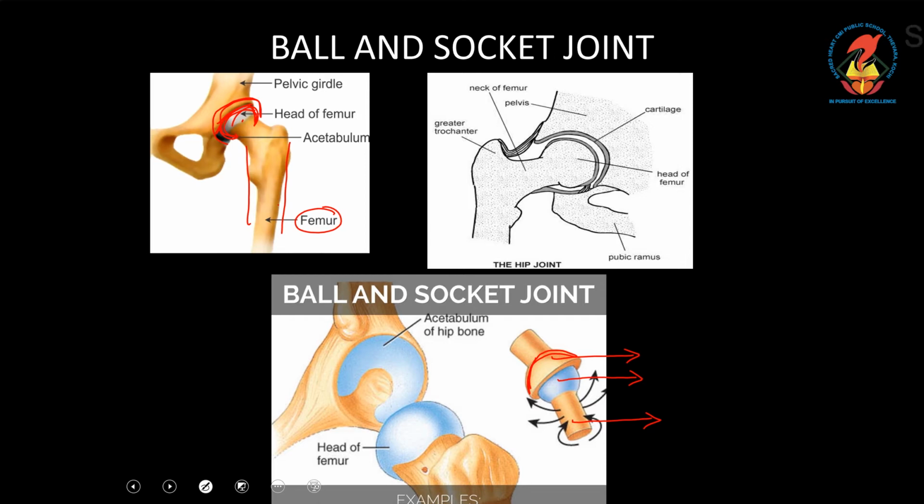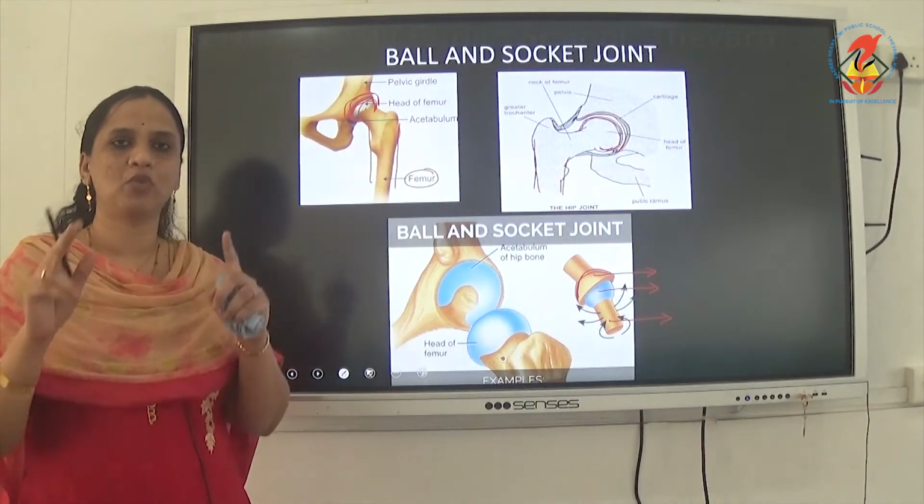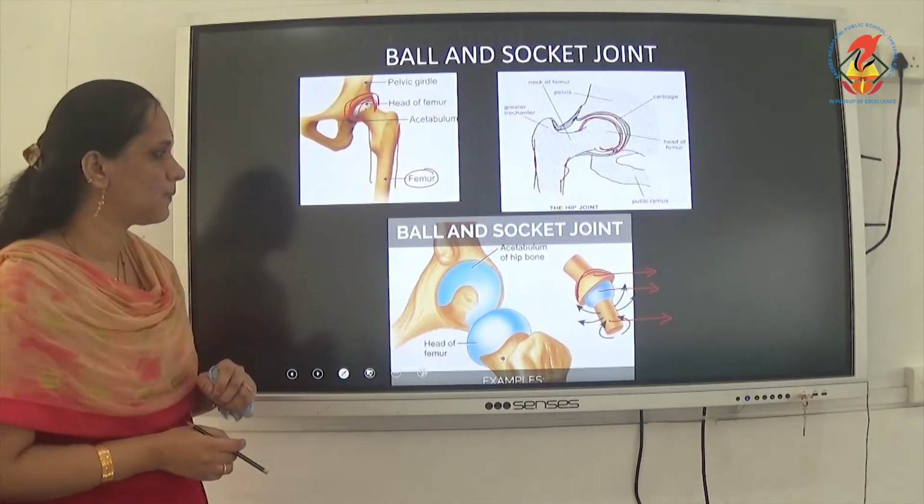This is your hip joint. You can see a bowl like structure and a rounded end of the bone, and you have your remaining bone here. So maximum movement is possible in ball and socket joint. You can move it in all the directions.